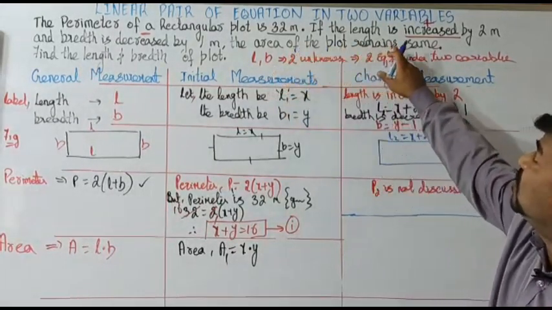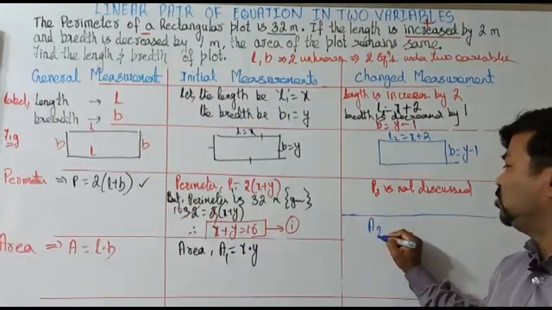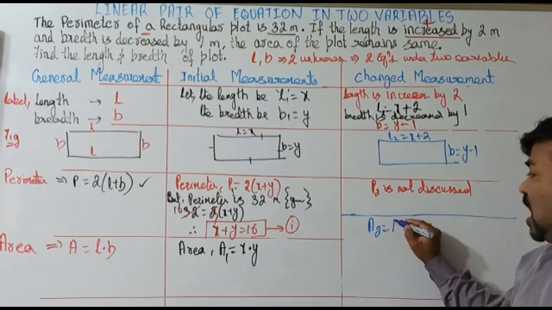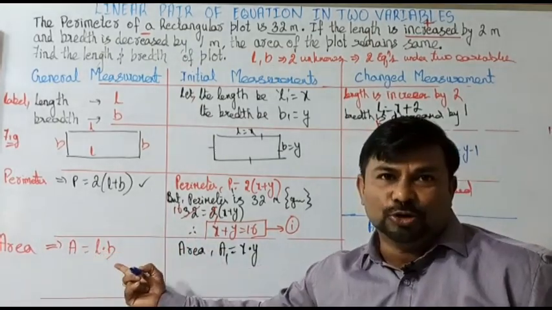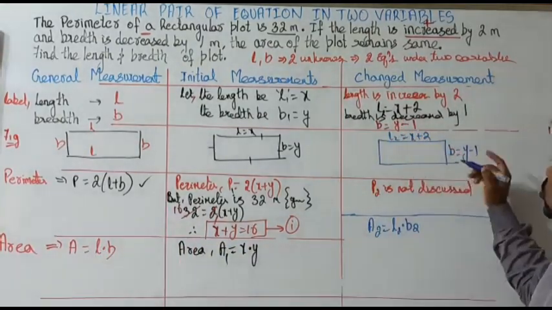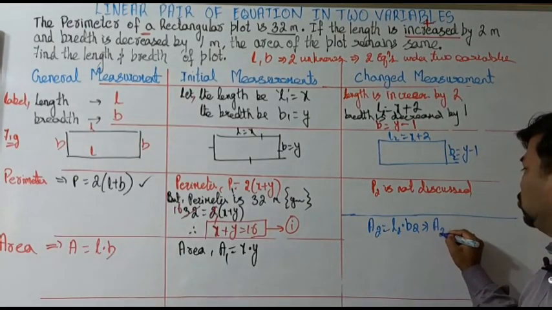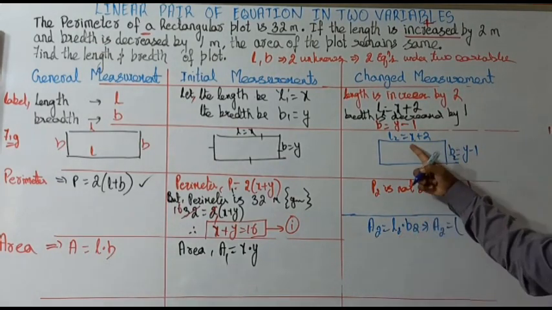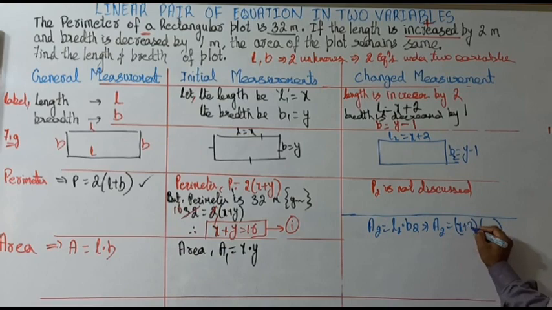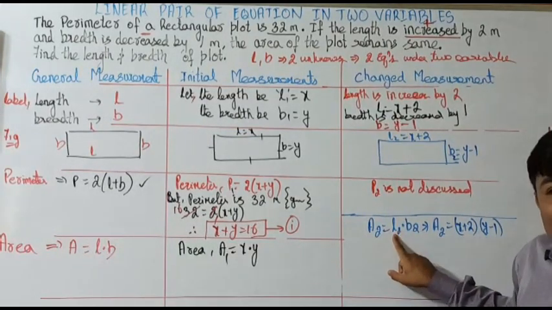What he said: the area of the plots remains the same. Generally, what is A2 now? A2 is nothing but, as you all know, L2 into B2. As it is L into B, here with the changes it is L2 into B2.